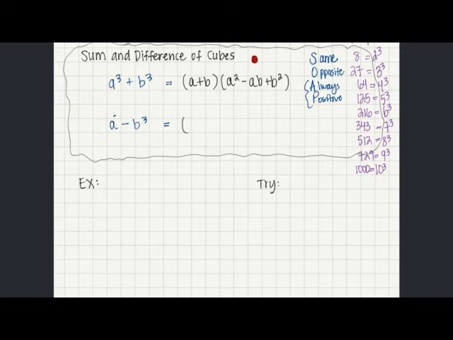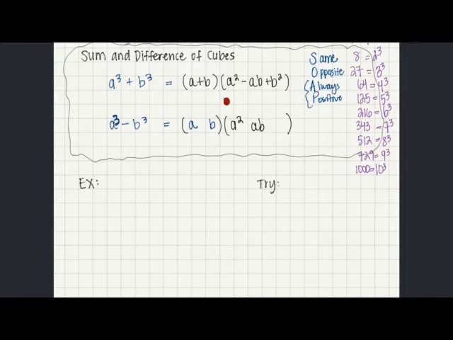So when we have our difference of cubes, a cubed is a cube of a, b cubed is a cube of b, and then we have bouncy bouncy, which would be a times a, which is a squared. Then we'd have bouncy over, which is a times b.